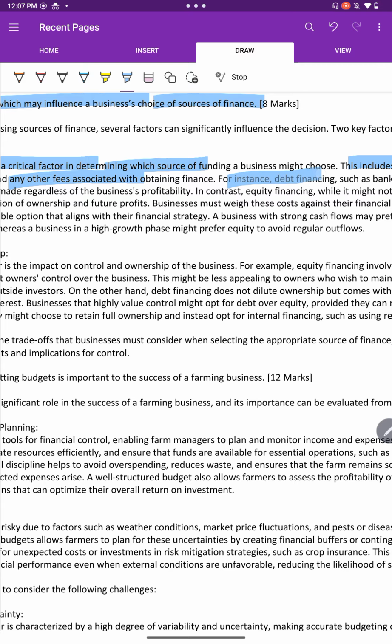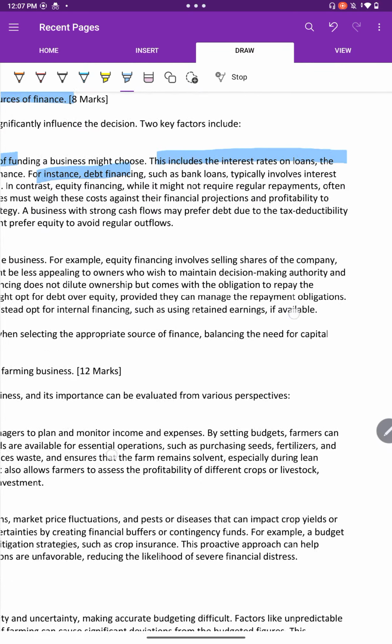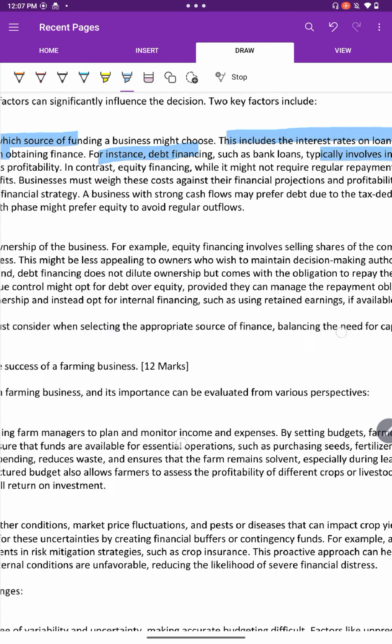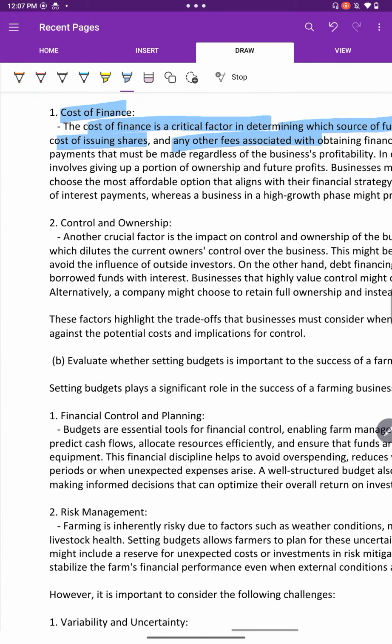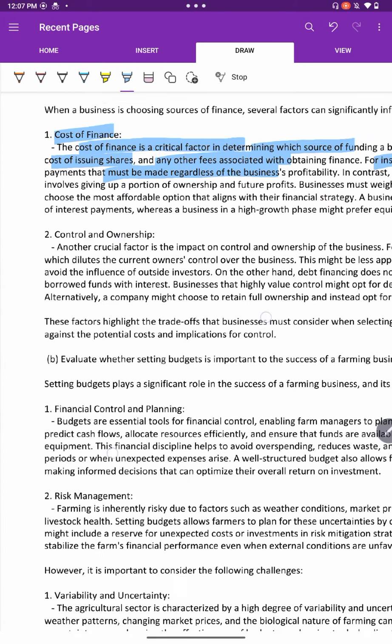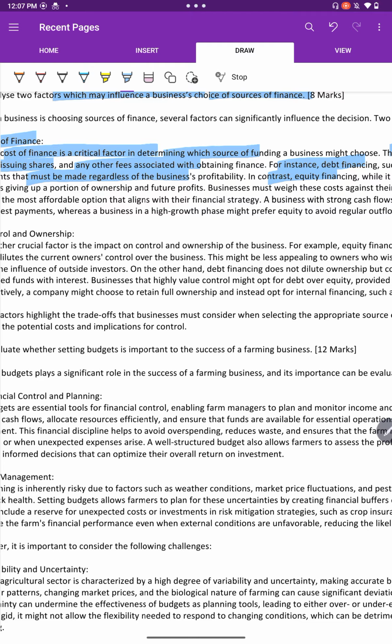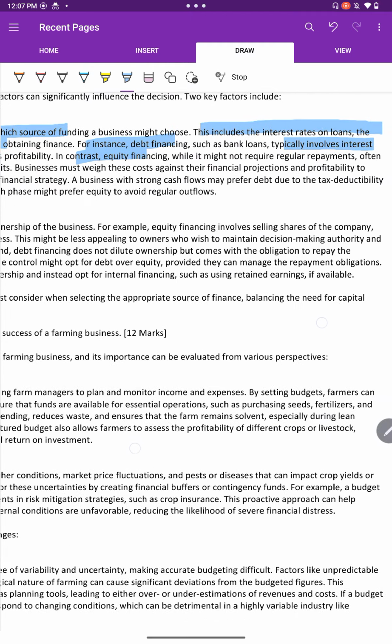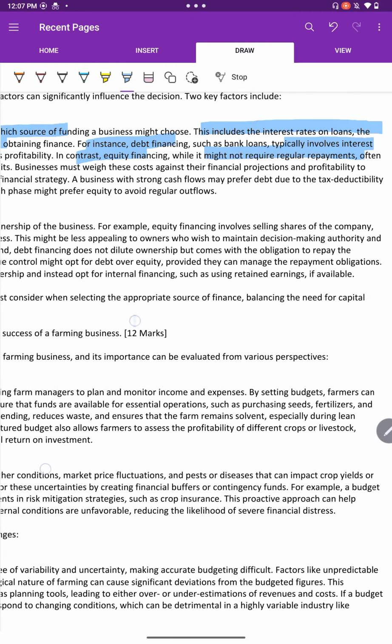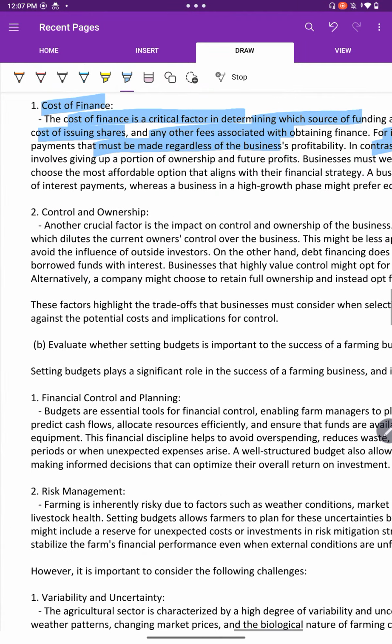For instance, debt financing such as bank loans typically involves interest payments that must be paid regardless of the business's profitability. In contrast, equity financing, while it might not require regular payments, often involves giving up a portion of ownership and future profits.